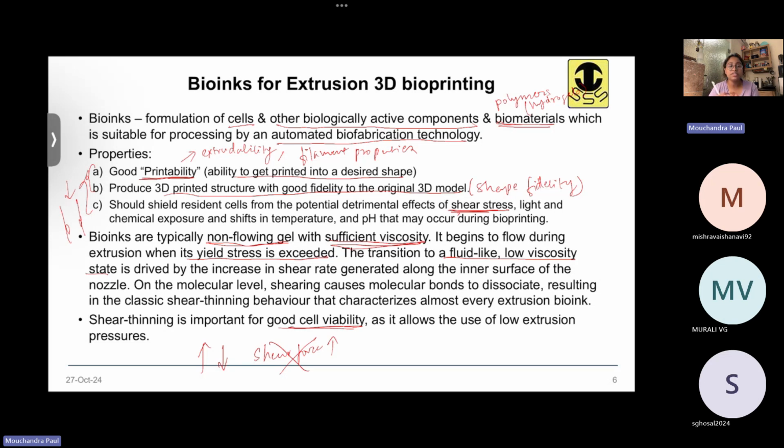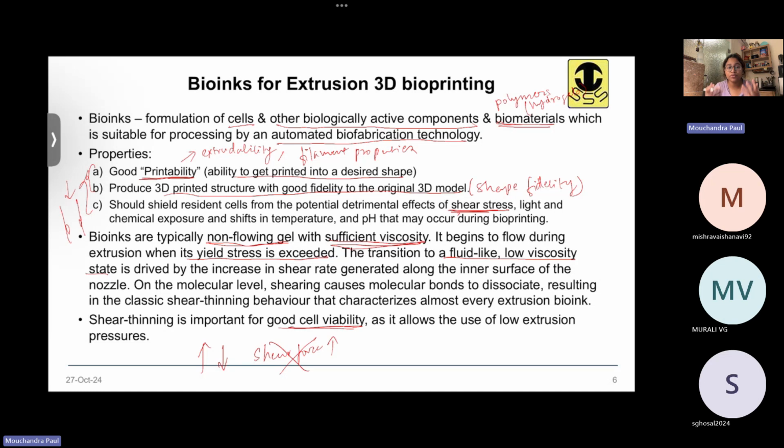So even the cells that are more prone to death due to their presence at the wall can now move in the low viscous environment and safely come out of the nozzle.